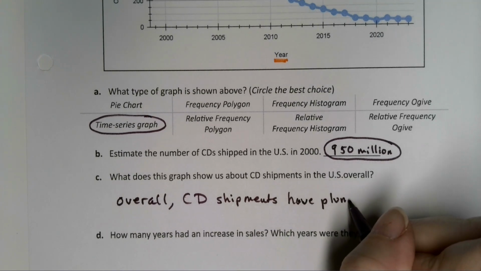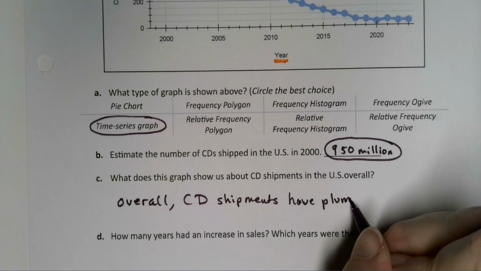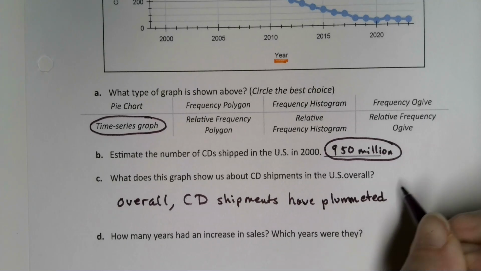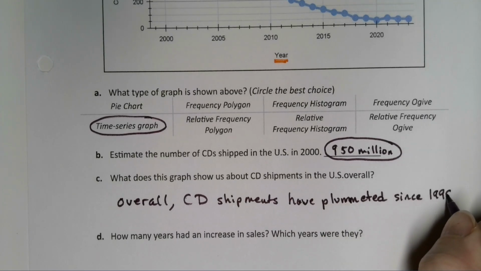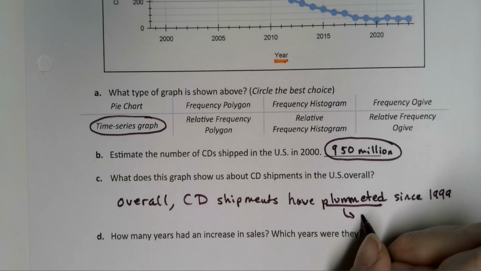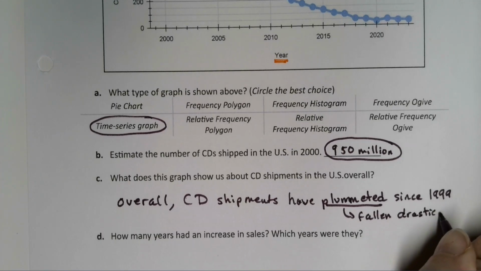Right, fallen precipitously. It's two M's in plummet. If you don't like the word plummeted, you could say fallen drastically. Right, that's what that means.